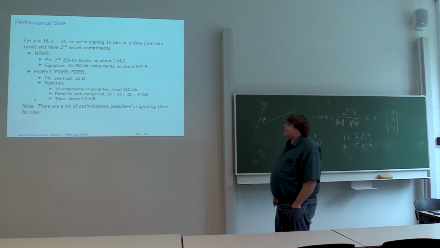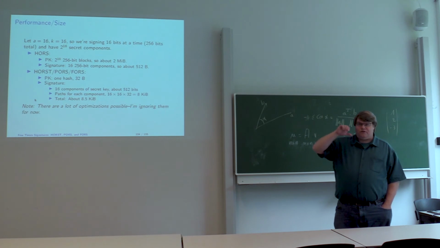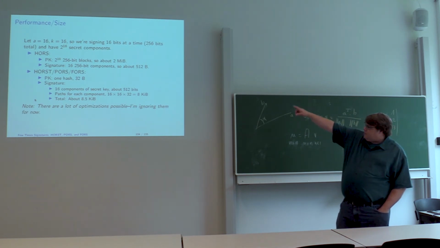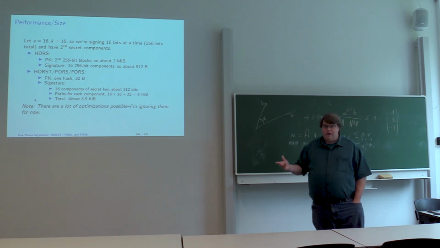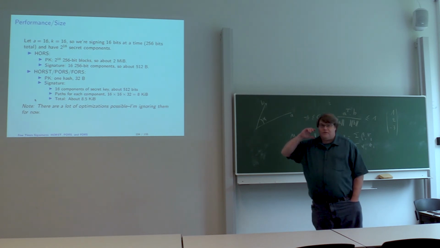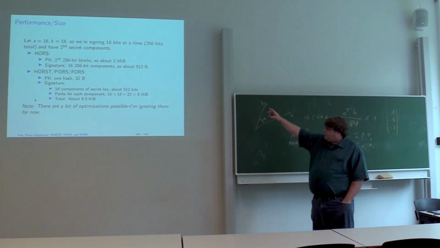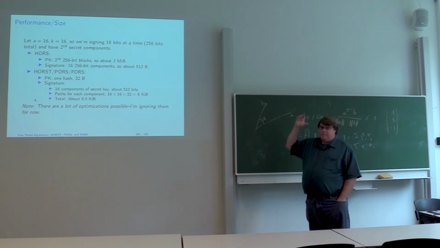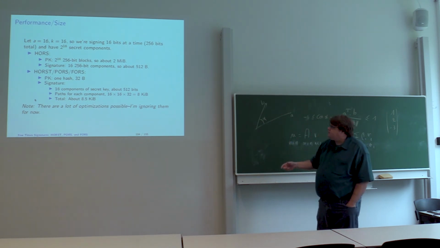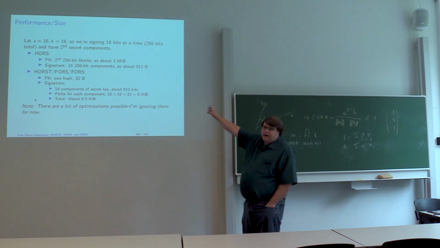So if you're going to send the public key up front and only send the signature later, then the HORS signature scheme would be better. But if you're sending the public key and the signature together, then HORST, PORS, and FORS are all way better, because you get 8.5 kilobytes instead of 2 megabytes.